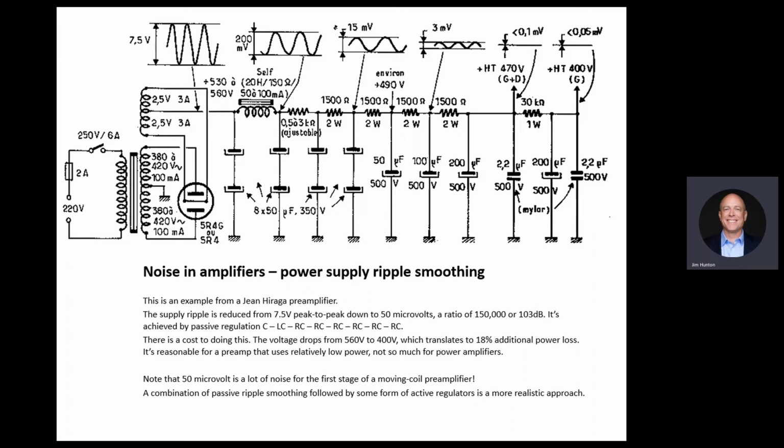Then you ask, why should we have so many stages? Why not just put a big capacitor and the voltage will stay? You're not consuming a lot of current, especially in a phono preamp. So just put a big capacitor and you're done, right?